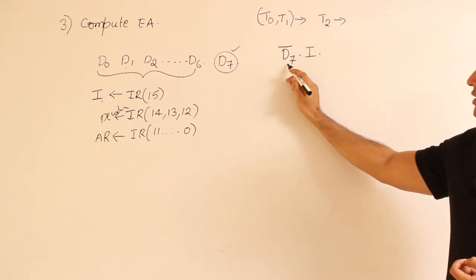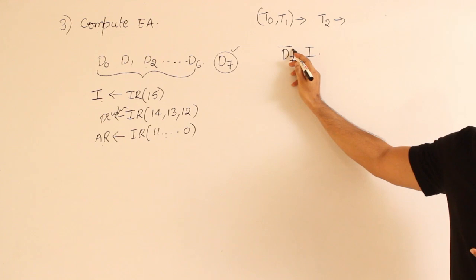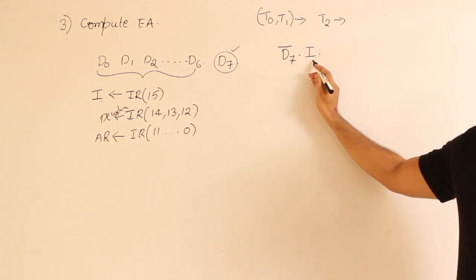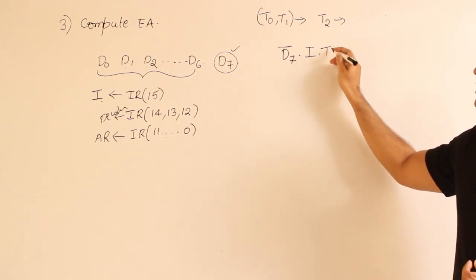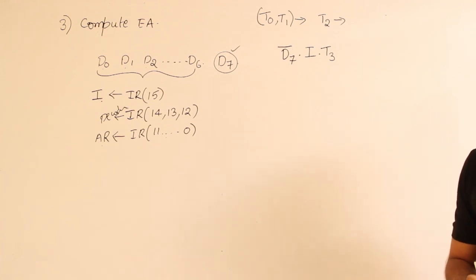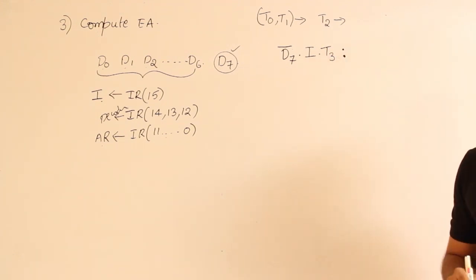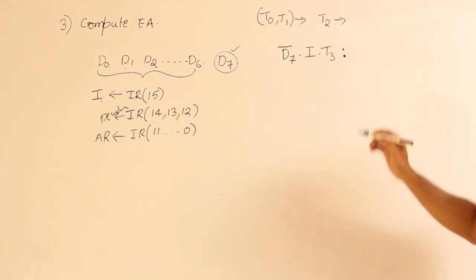So if it is a memory reference operation, which means D7 prime, and the address given is indirect, and timing signal T3 is running, then we are supposed to compute the effective address. How are you going to compute the effective address? Simple.